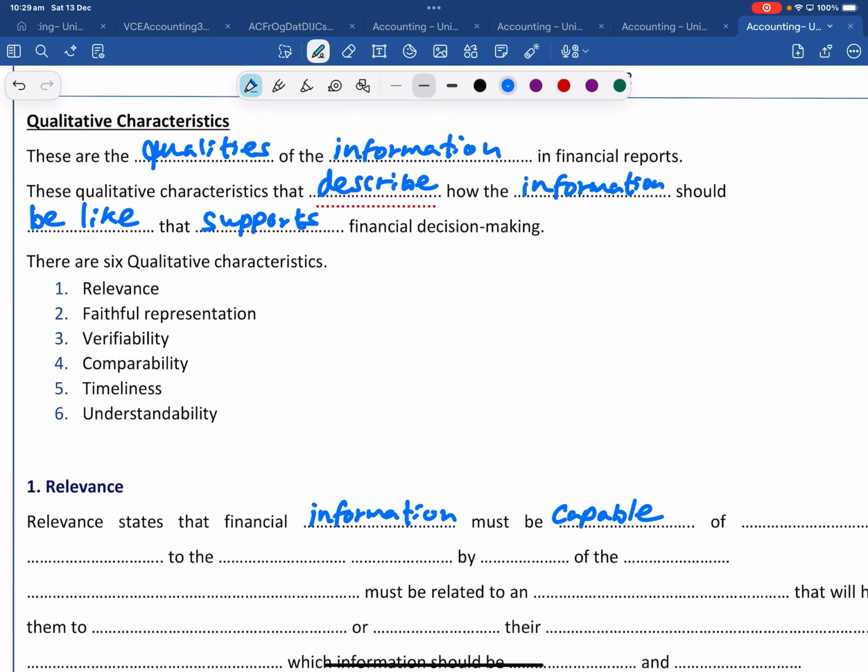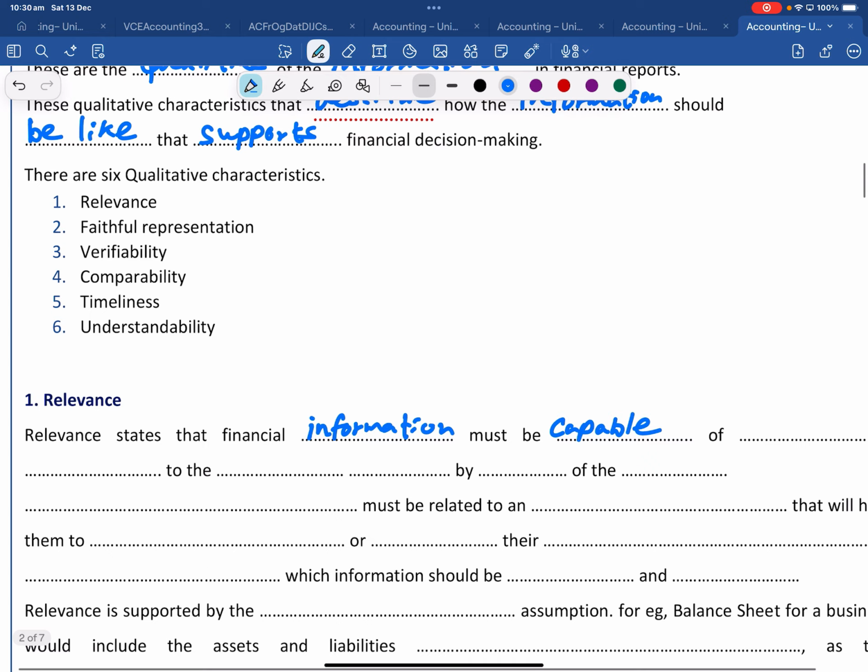Right. So qualitative characteristics are the qualities of the information, and the first one is relevance.